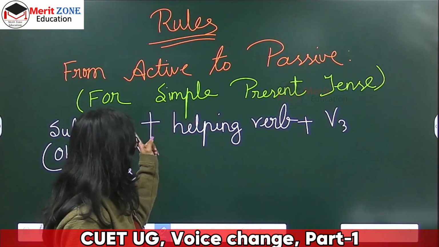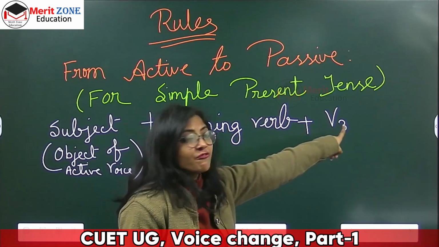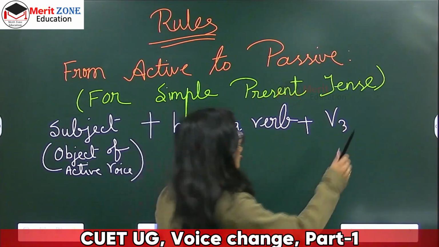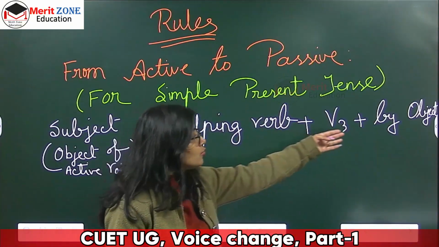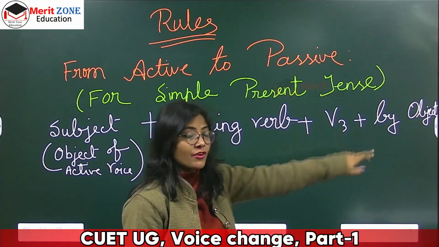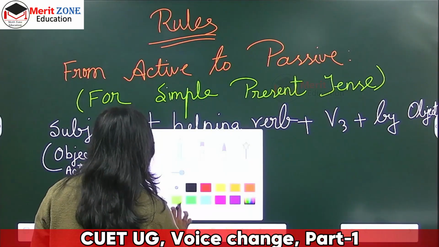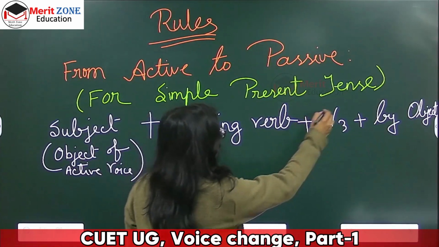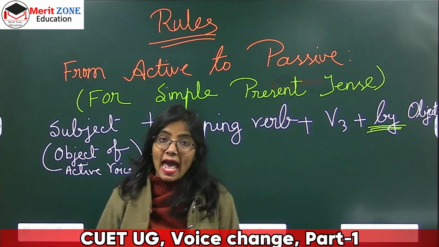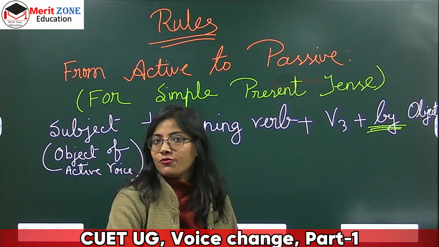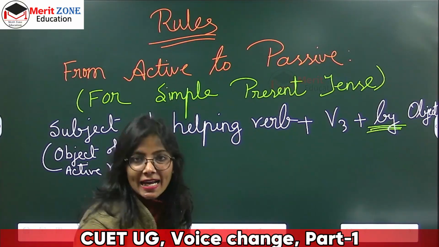So subject plus helping verb plus V3 plus object. So I have to use this word by. This is very important. Okay, this you have to remember. So by here is very important. This is something we add only in case of passive voice. We do not use it in case of active voice.